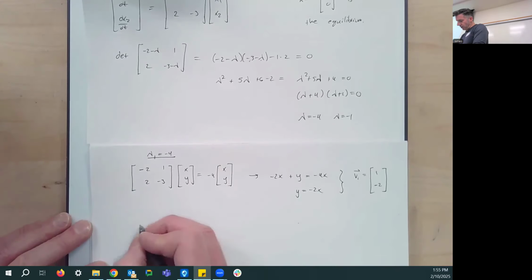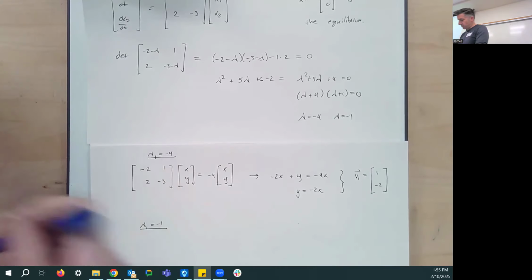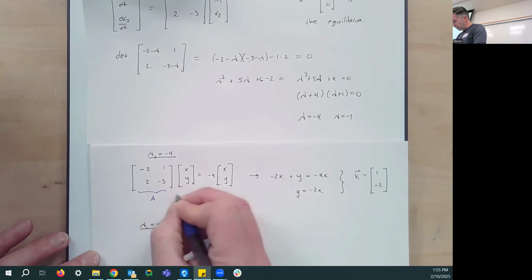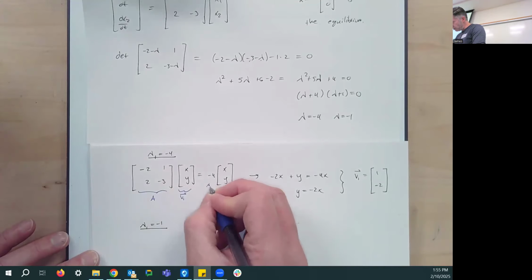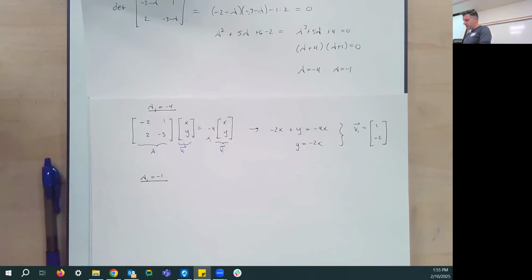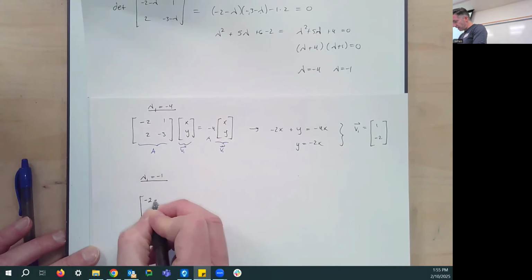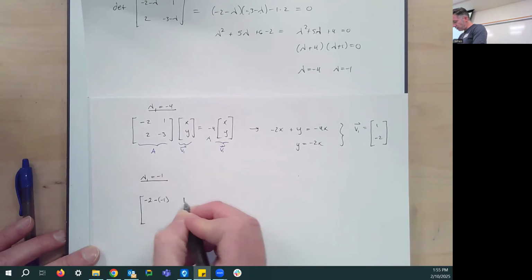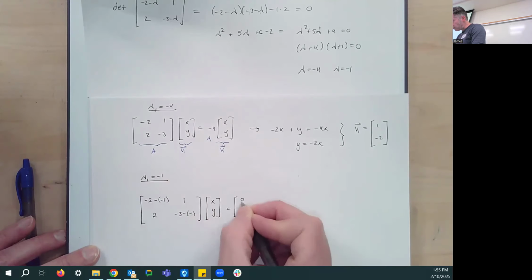For the other eigenvalue, we'll do it the other way. Instead of doing A times your eigenvector equal to lambda times your eigenvector, we're going to do it as, this is why I don't like this one as much, but here we go. -2 minus -1, 1, 2, -3 minus -1 times the eigenvector I'm looking for equal to the 0 vector.